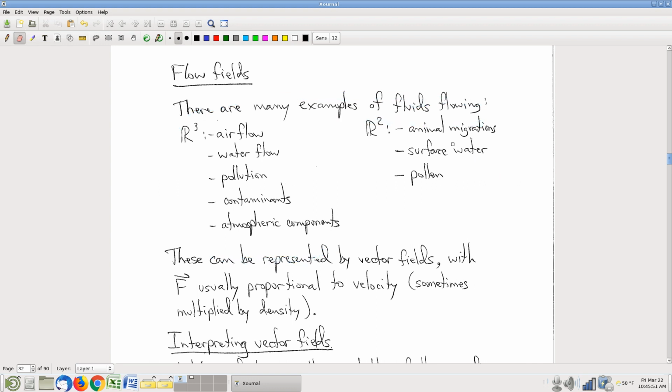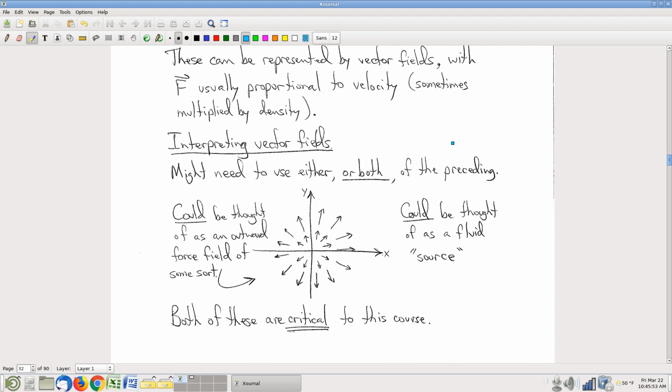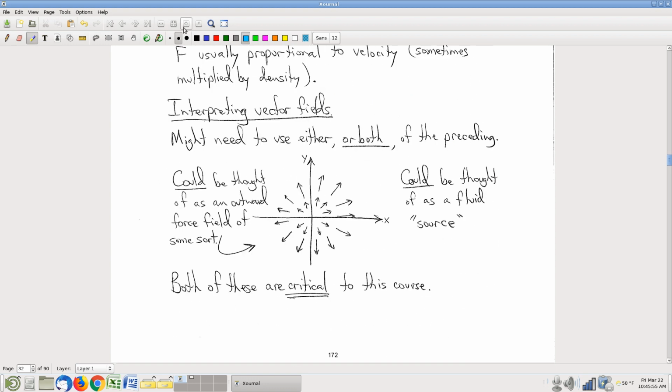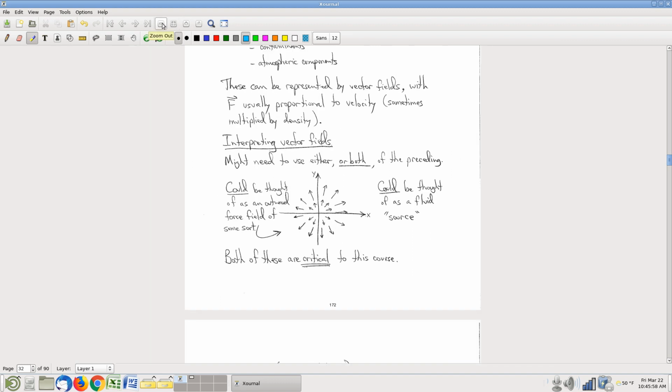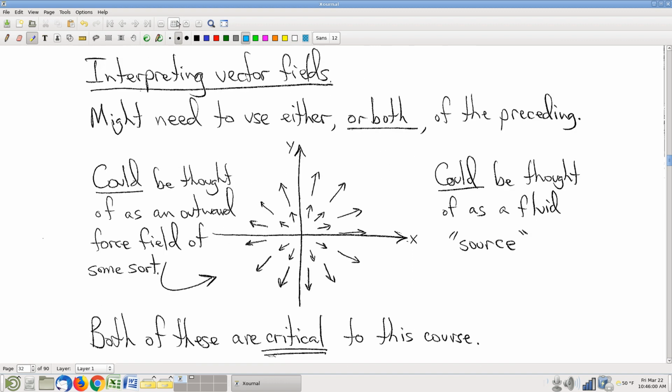Okay. Now I want to point out a very unfortunate circumstance. Some students tend to look at one or the other of these two examples that I just showed you, pick their favorite, and throw the other one away.